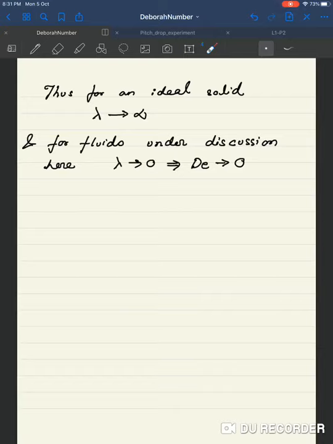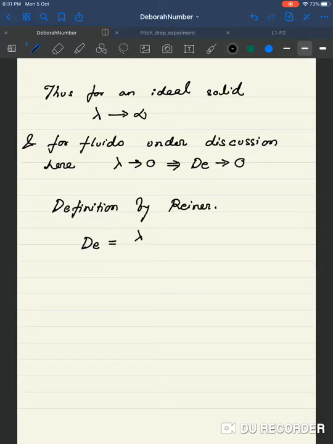Okay, before I wrap up my discussion on Deborah number, one quick final thing, and that is just a quick perspective on the historical thing, which is the definition by Reiner. He said Deborah number, he used only D, but nowadays we use De for Deborah number. He said that it is lambda by T observation, right?